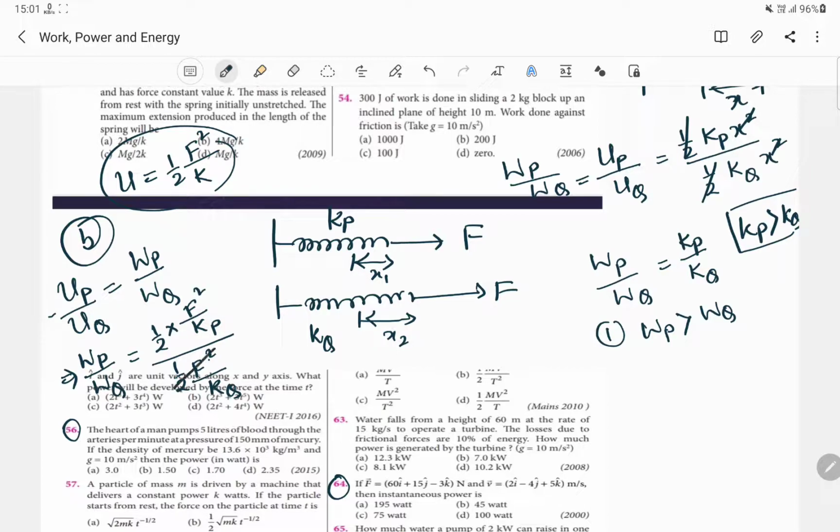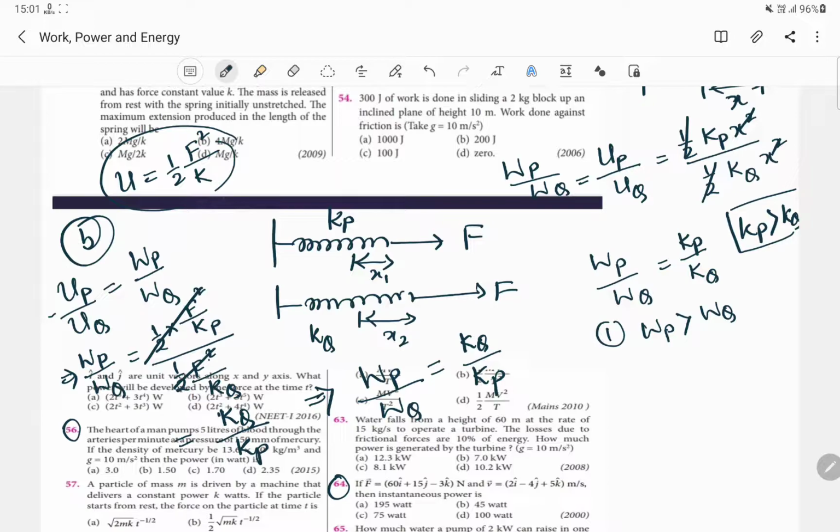So after simplification, half F square gets cancelled out, and we will have KQ divided by KP. That means finally we get our answer as the ratio WP divided by WQ equal to KQ divided by KP.